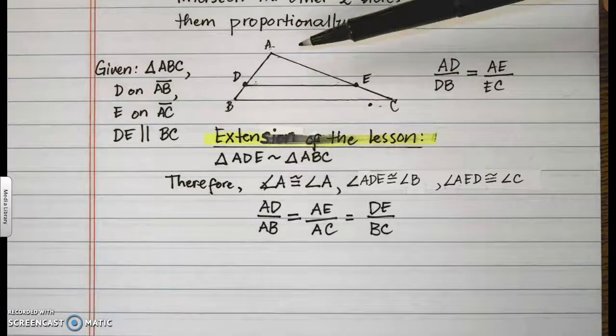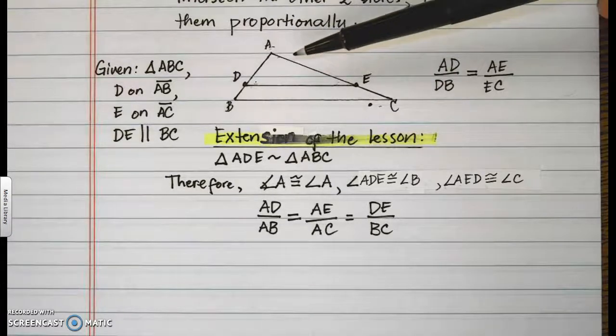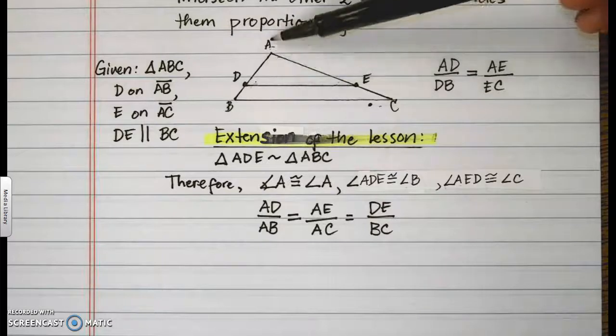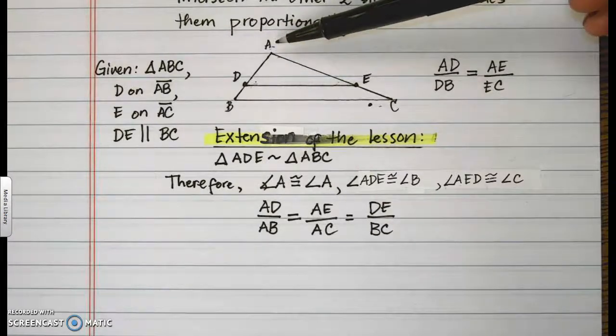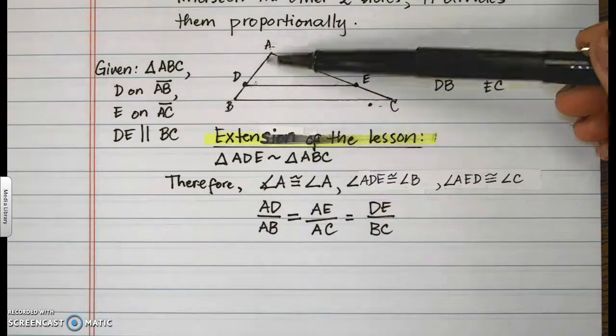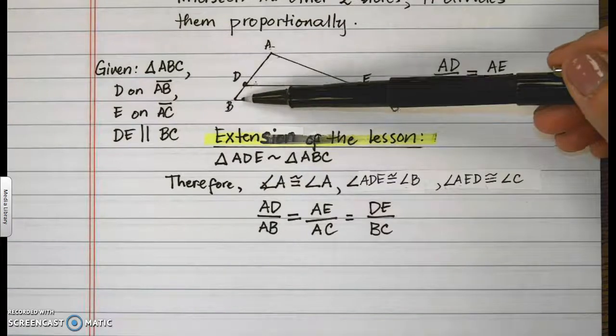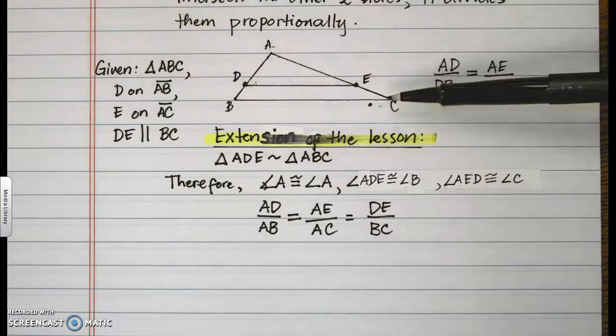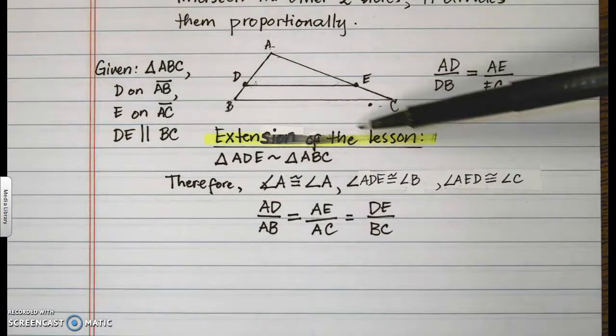So the first pair of angles that are corresponding and congruent are angle A is congruent to itself by reflexive property of equality. And so that's my first pair of angles. My next pair can either come from angle ADE and angle B, or angle AED and angle C. Let's use this.